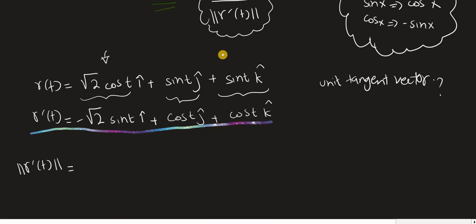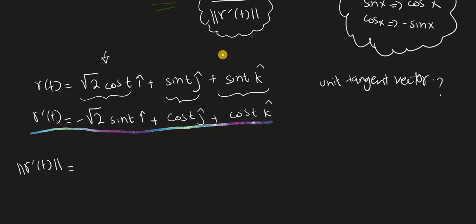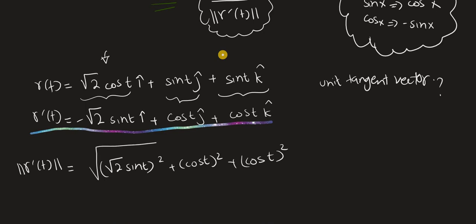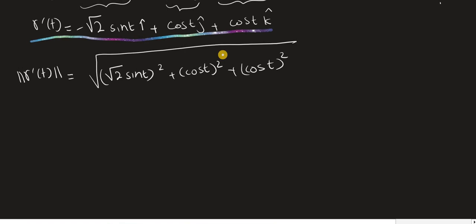If you don't, let me recall that you square each component. So just like that, squaring each component, plus cos t squared, and then you square root the whole thing. So this is how you do it.